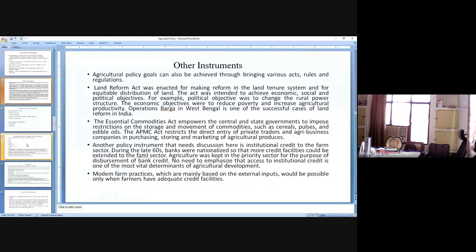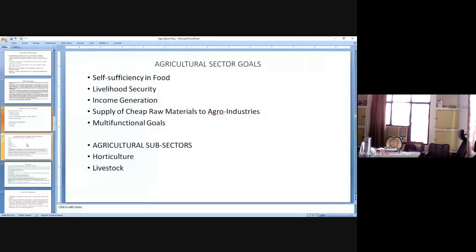Next slide. Yes, from here onwards, the second aspect which we can see is the agricultural sector goals, because the policy needs these types of goals. So policy can be framed to achieve these goals. Okay, what are the agriculture sector goals?